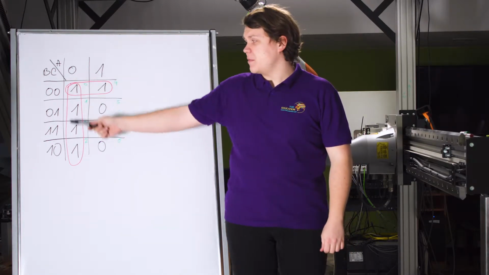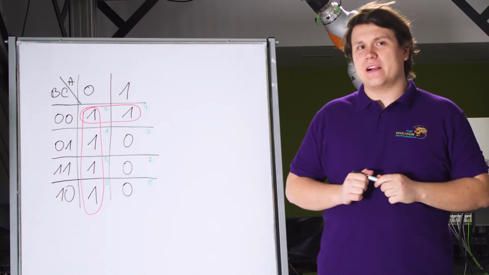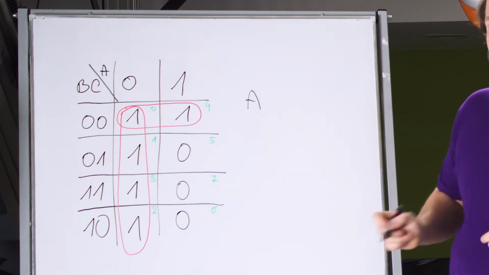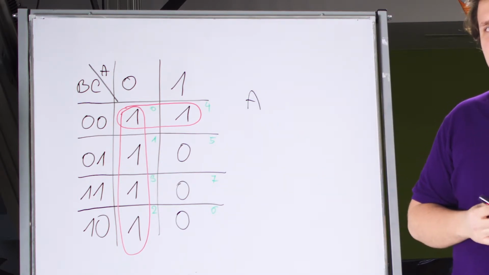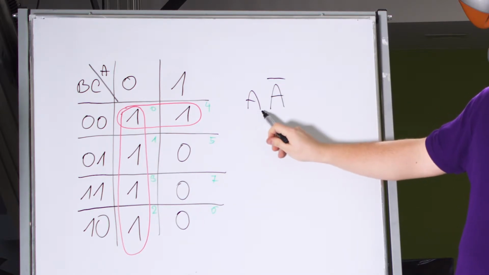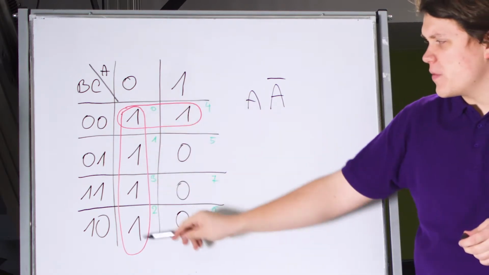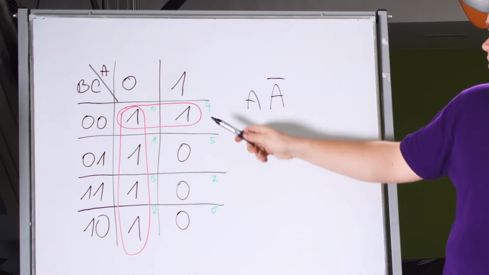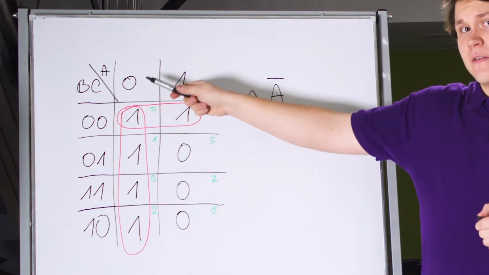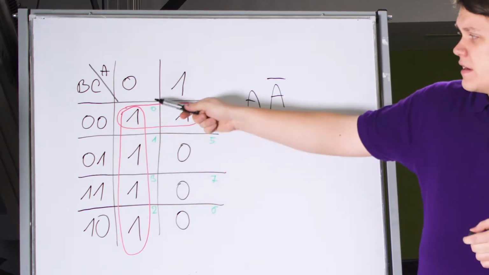In logic, if we want to present a value which is true, we just write its symbol. If we want to present a value that is false, we write the negation. So this means the true A and this means the false A. If you have two groups of ones here, this group of ones depends only on A when it's false, because it doesn't matter whether B or C are true or false.